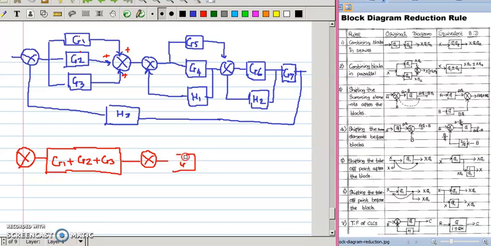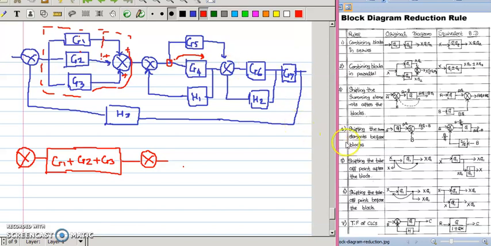Okay, can we do one thing here? For this here we use rule number 2, that is parallel combination, right? Can we do it here? See, this shifting is the takeoff point, right? Can we shift this takeoff point here after the block?